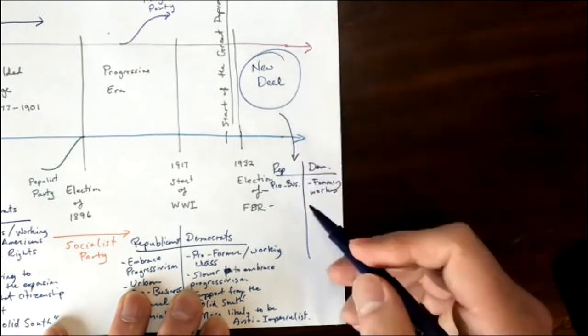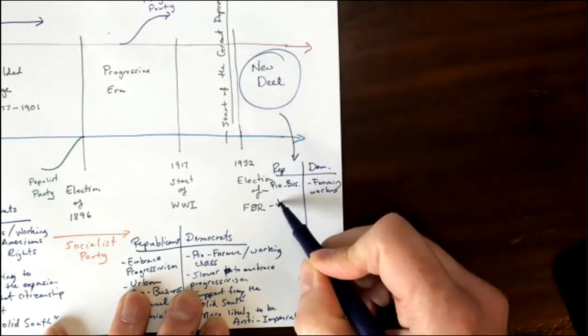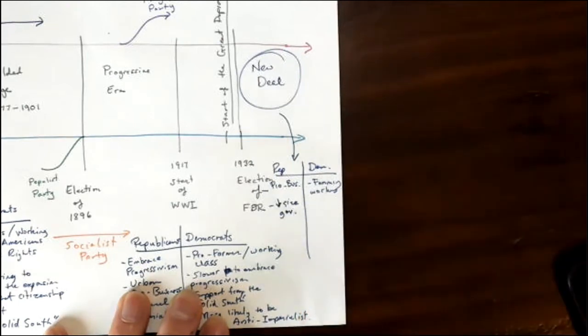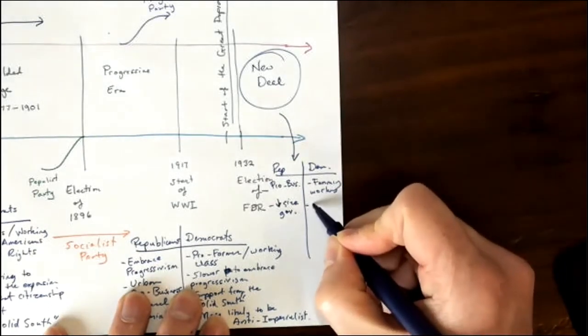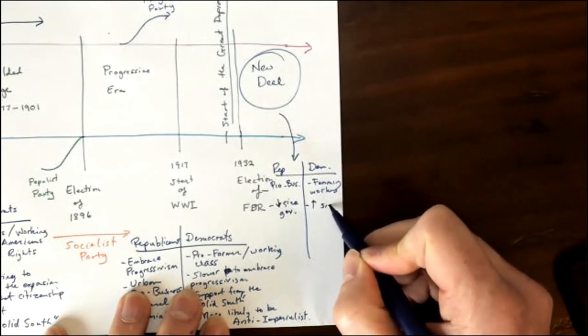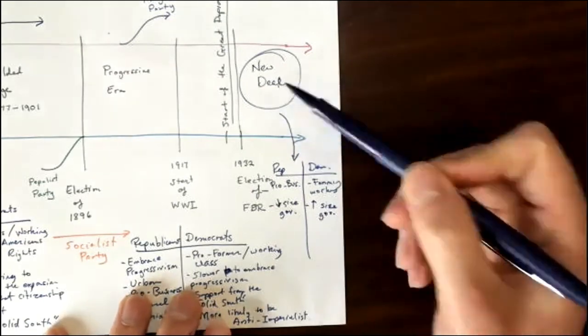Republicans after 1932 are going to want to decrease the size of government. They want a smaller government, whereas the Democrats tend to become the supporters of increased size of government, which is how it is today. That all comes from the New Deal.